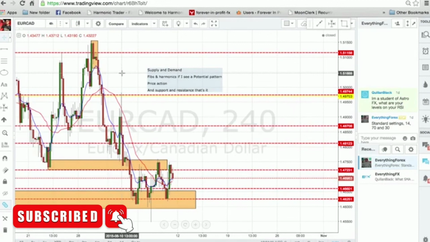Fibs basically are, look for your PRZ zones, which are 38.2, 61.8, 78.6, and 88.6. And price action, basically, always look for a retest. Always look for a retest on a 5-minute chart. Basically, go off your major patterns on a bigger time frame, like the 4-hour chart. From there, you zoom in.